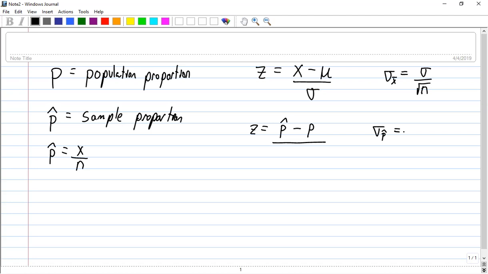And that formula for sigma sub p hat is the square root of p times 1 minus p divided by n, where p is the population proportion and n is the sample size.